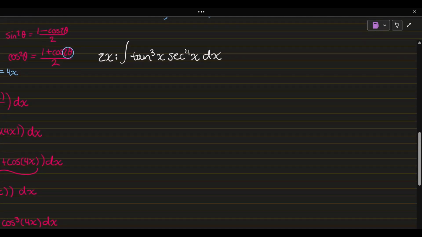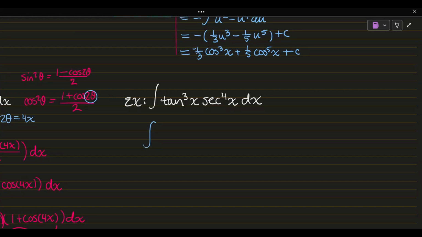Okay, moving on, we're going to compute the integral of tangent cubed x secant to the 4th x. So I'm going to rewrite my integrand. I'll rewrite this as tangent cubed of x secant squared of x secant squared of x dx.